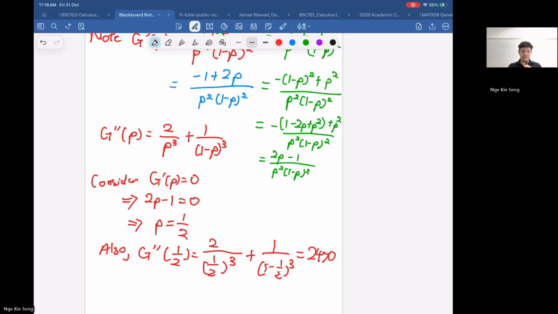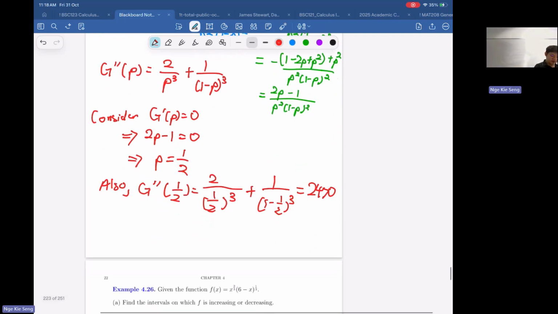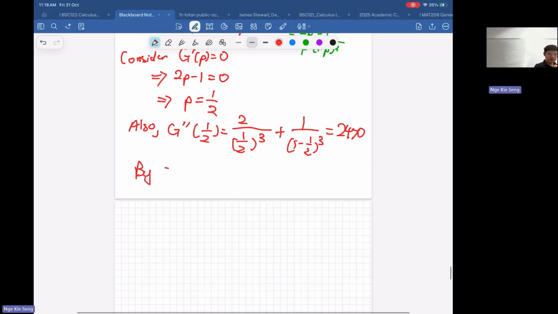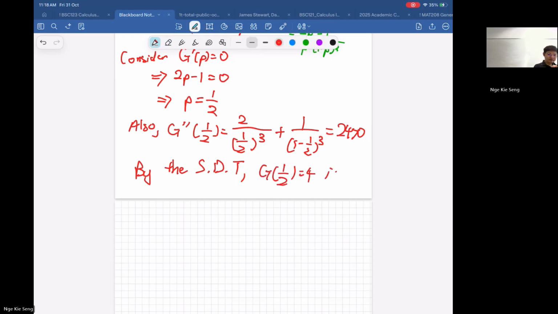So by the second derivative test, G of half is 4, a local minimum value, and G has no local max.